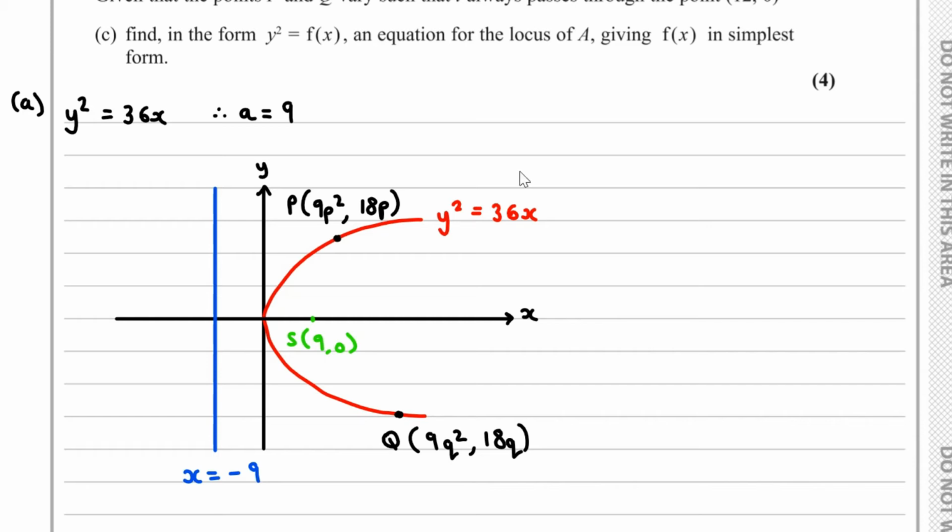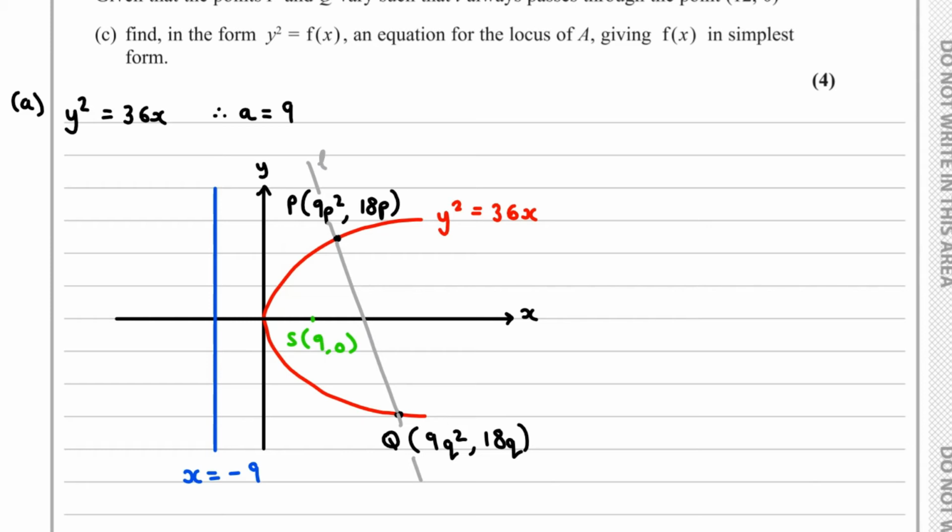And what we need to do is find out the equation that connects P to Q. So we will be finding this equation over here. So this is what we need to do. So here is the line L.